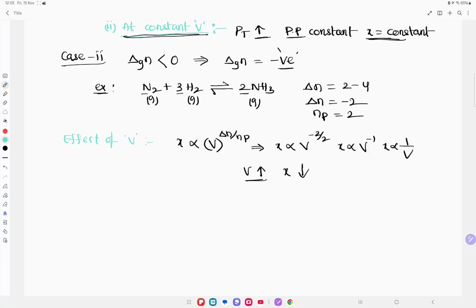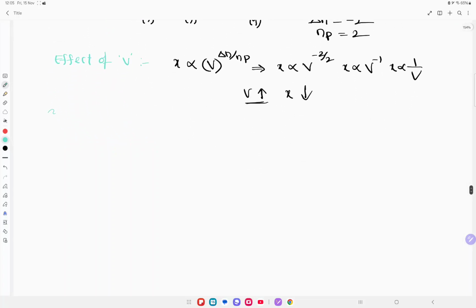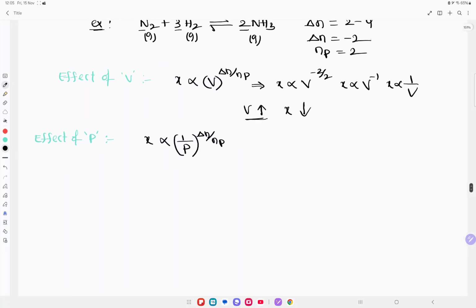Next, the effect of pressure. What is the effect of pressure? X is proportional to 1 by P power delta n by np. For this reaction, delta n is equal to minus 2 and np is equal to 2.